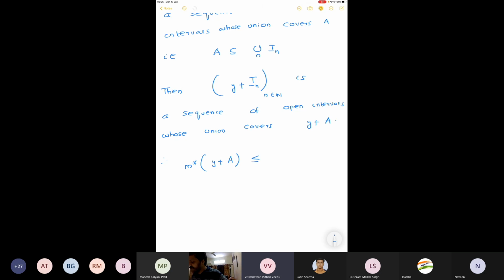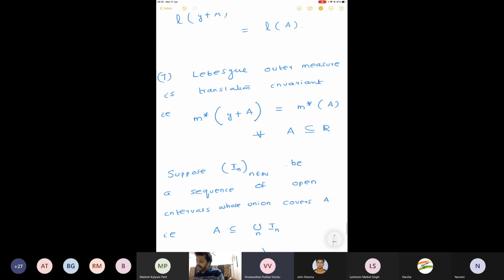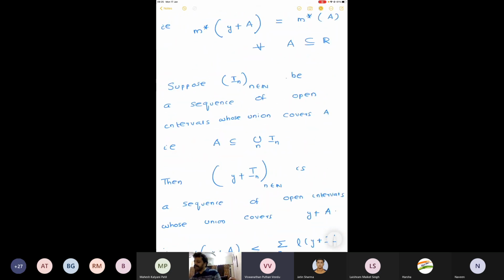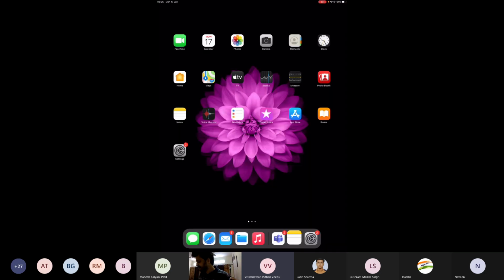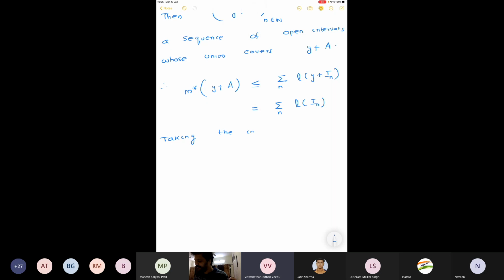So this is less than or equal to the summation over n of the length of y plus I_n, because by definition M star is the infimum of such quantities. And this is the summation over n of the length of I_n. This is true for any sequence of open intervals whose union covers A. So now take the infimum over all such sequences.